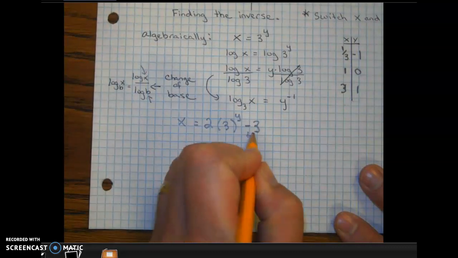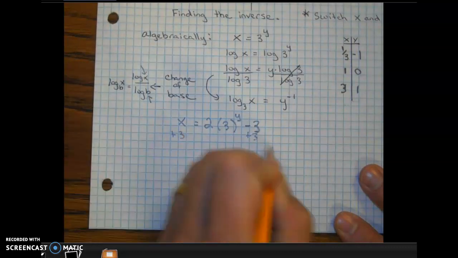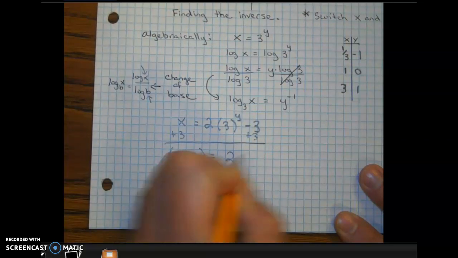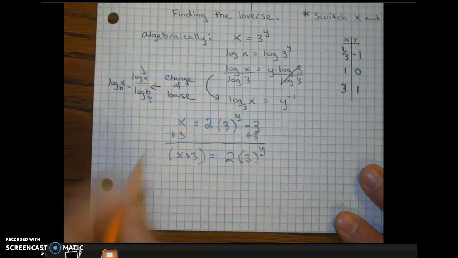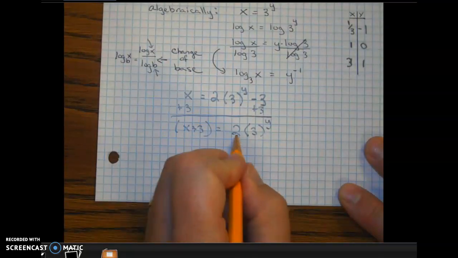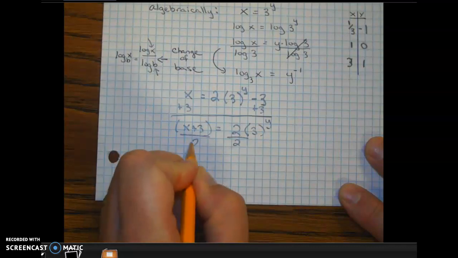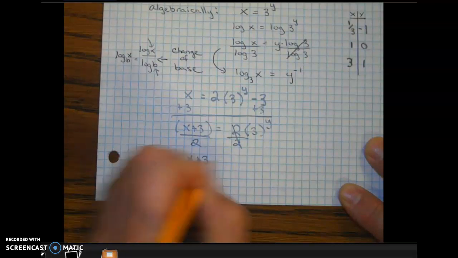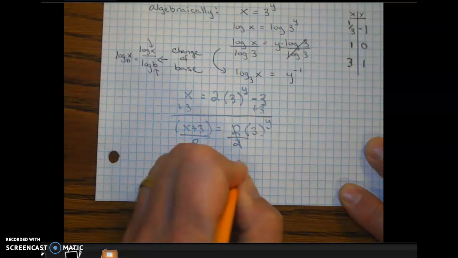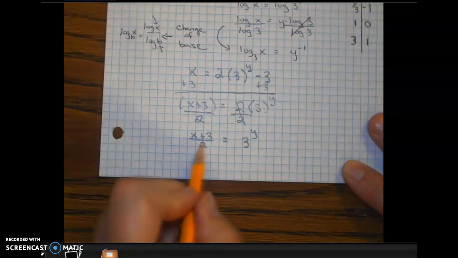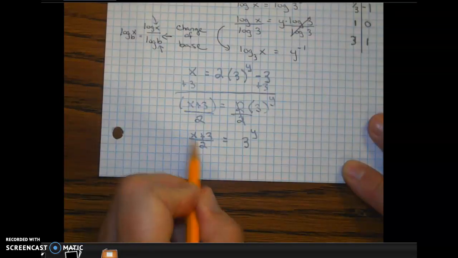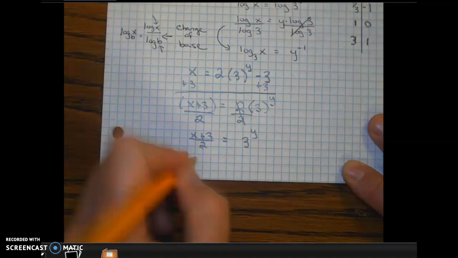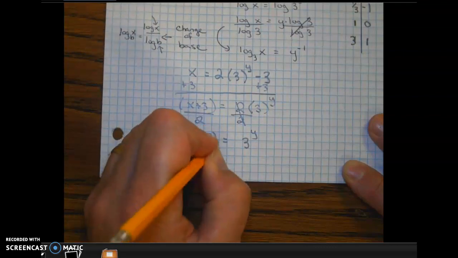So we're going to undo subtracting. Then we'll undo multiplication with division. I'm going to go ahead and leave this like this. I could convert it to 1/2 x plus 3/2, but I'm just going to leave it like that for right now.